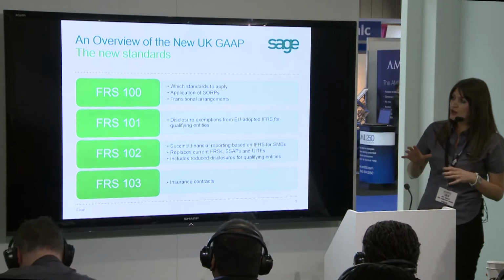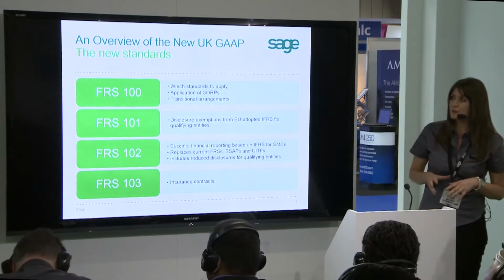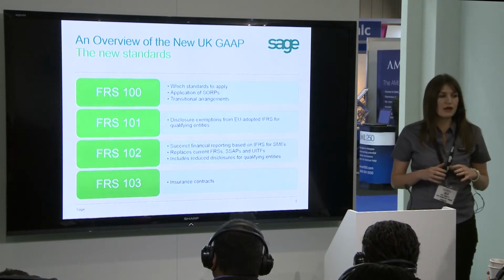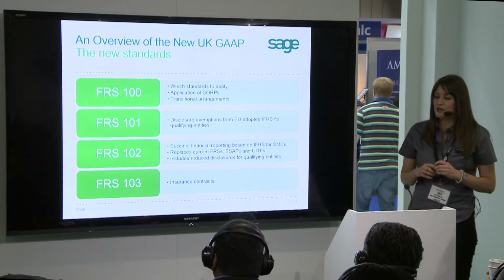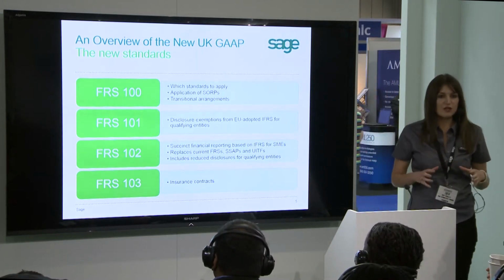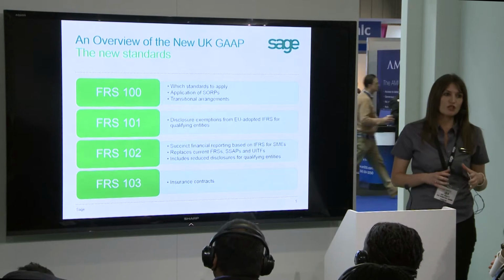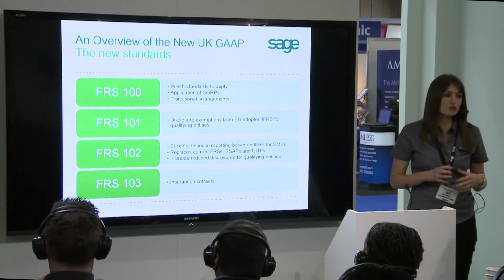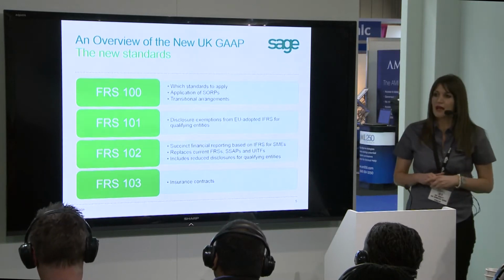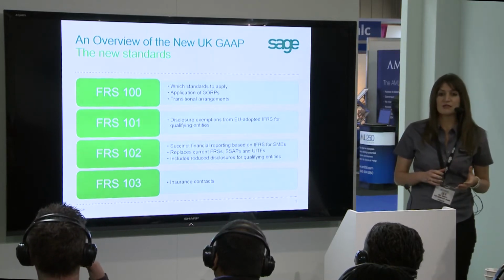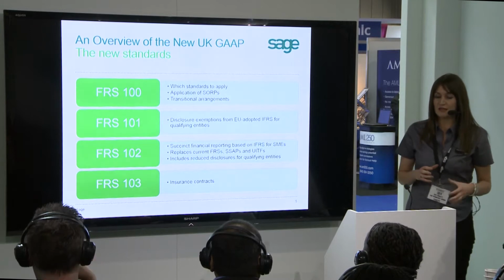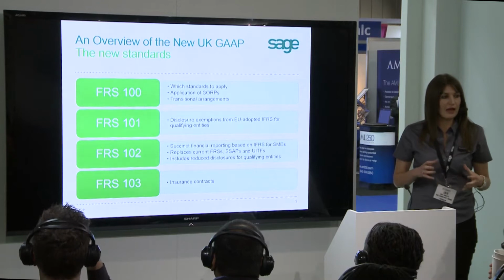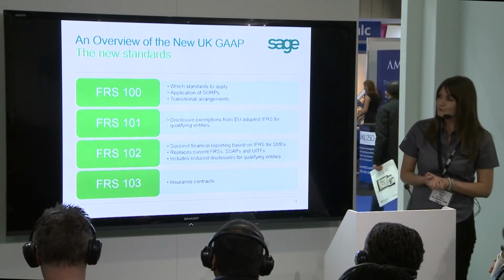So these are the standards in issue. FRS 100 more just outlines the framework. So it just outlines which standards you should apply, when you should transition, who the standards are applicable for, and if a SORP is relevant, so if you're an LLP or a charity, it also outlines how you incorporate the SORPs in with FRS 102.